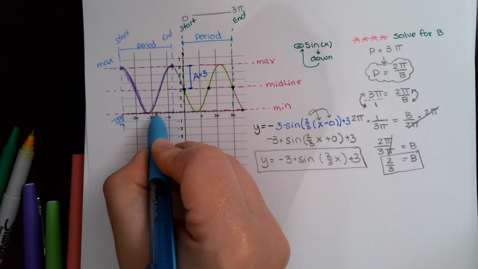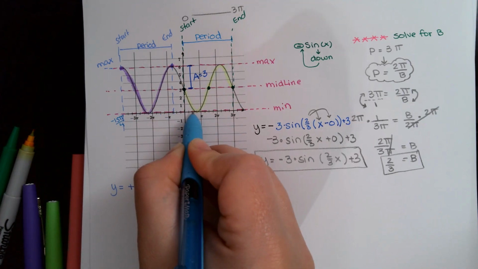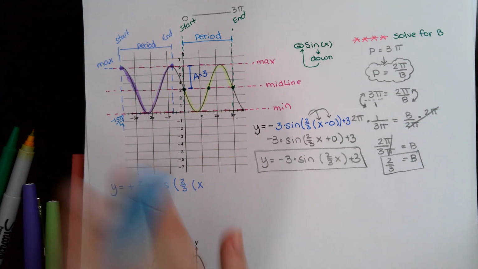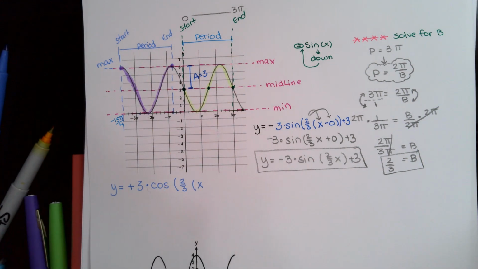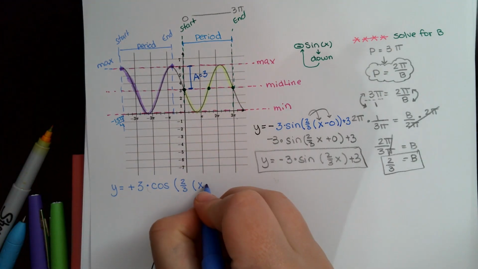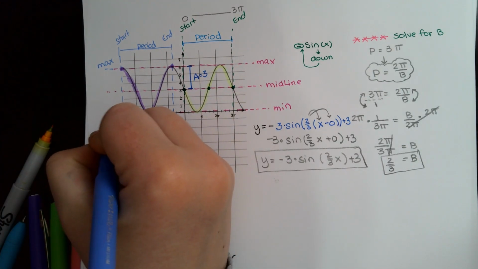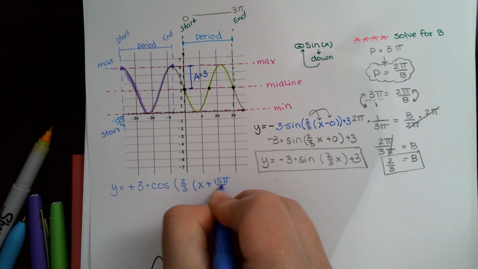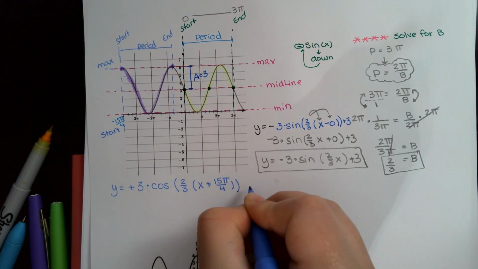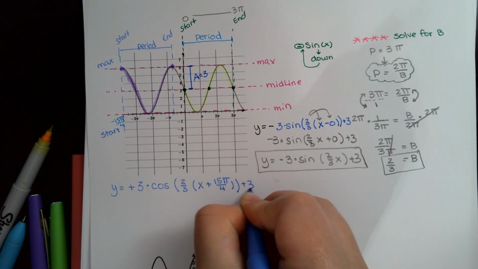You don't have to do this one. You can start here and here, okay? So this is negative 15 pi over 4, so that means I cannot simplify that, but that also means that my start is the opposite of what I see. So I'm going to do a positive 15 pi over 4 here.